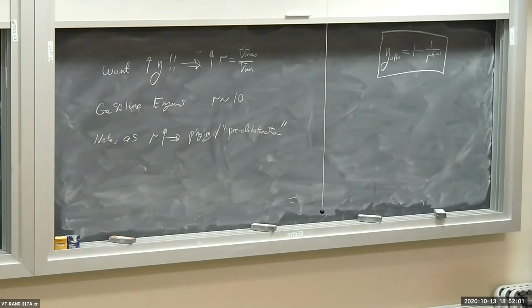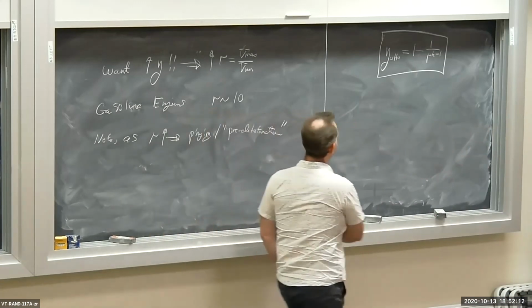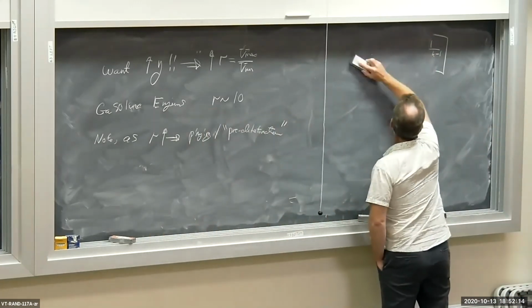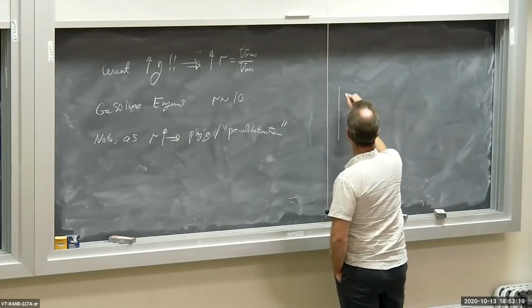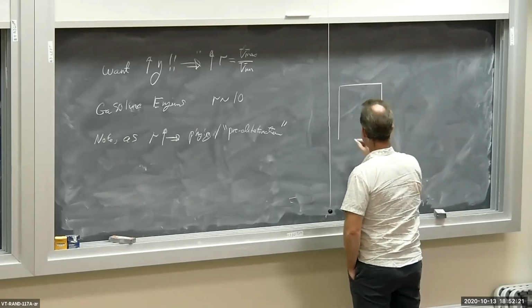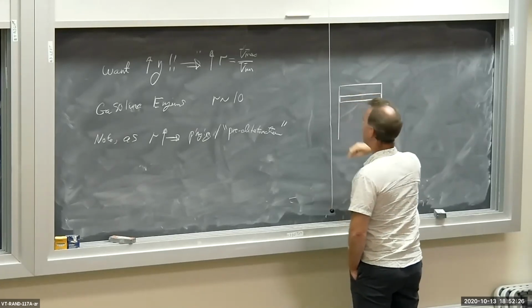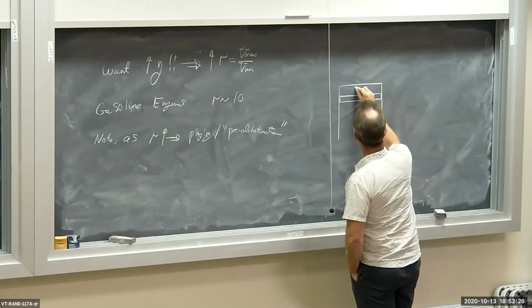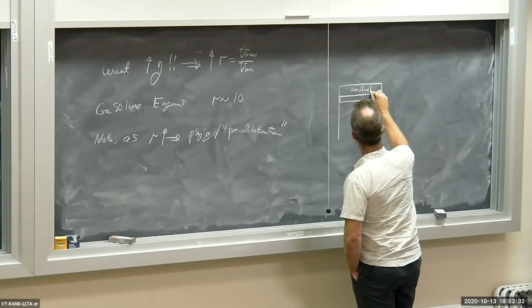If the fuel does not burn nice and smoothly, if it ignites at various locations all at the same time in the combustion chamber, so let's say here's our combustion chamber, and here's our piston, and we're near the top dead center, and you have air and fuel inside.